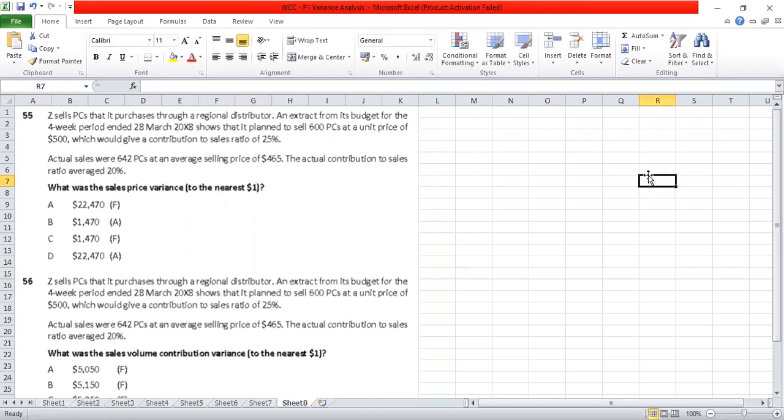Okay, the details are given to us. Question 55, sales price variance is equal to the difference in the selling prices applied at the actual quantity. So actual quantity of sales which took place.